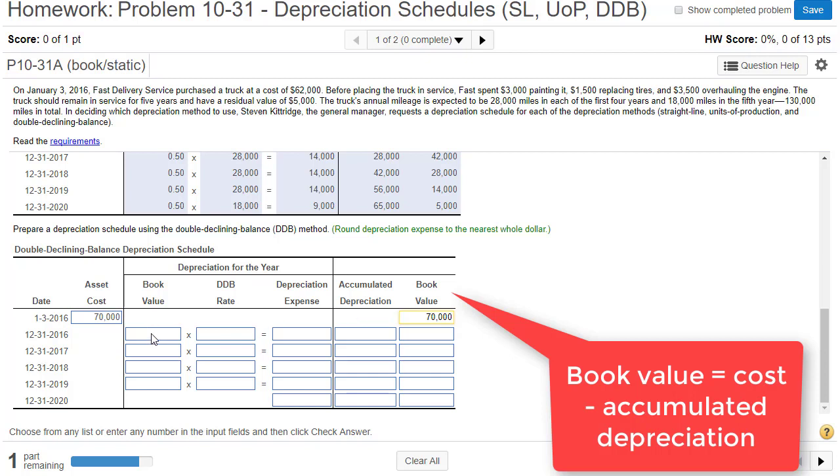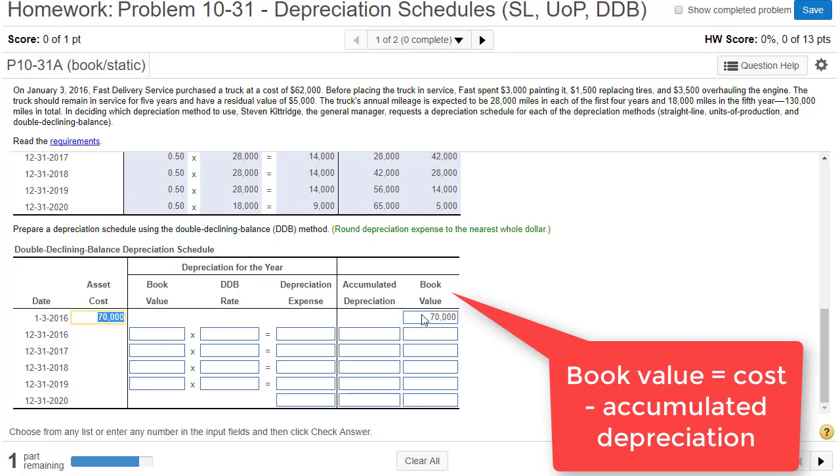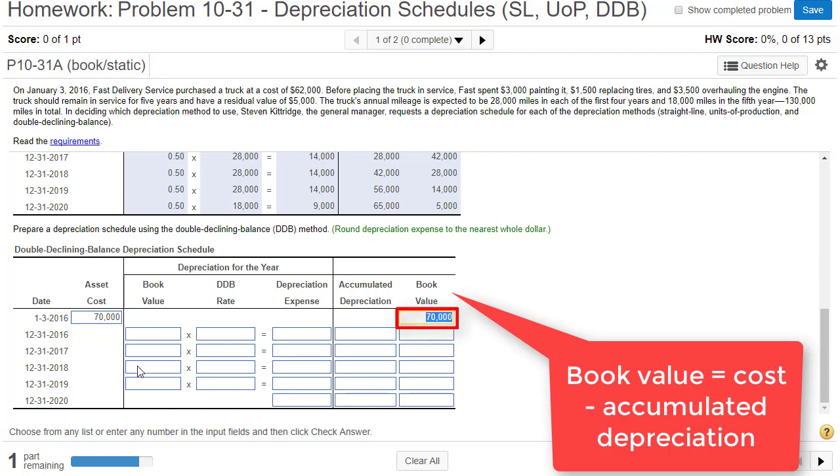And then remember, the formula for double declining balance is taking the book value. The book value, again, is the cost minus accumulated depreciation. So we're just going to take this same book value and plug it in here.